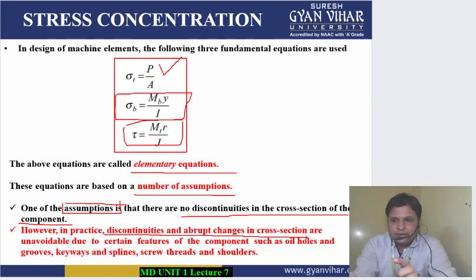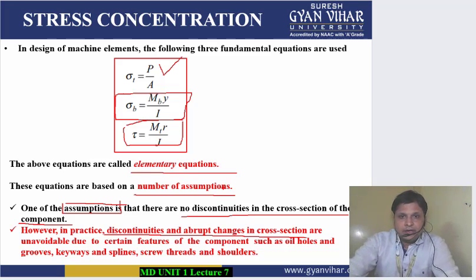Every product has got some discontinuity. So these three equations can't be used directly. So what is the solution? If these three equations can't be used, and there is an abrupt change in the cross section, then what to do? That is important.